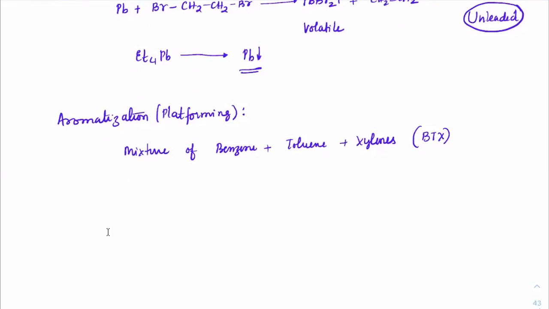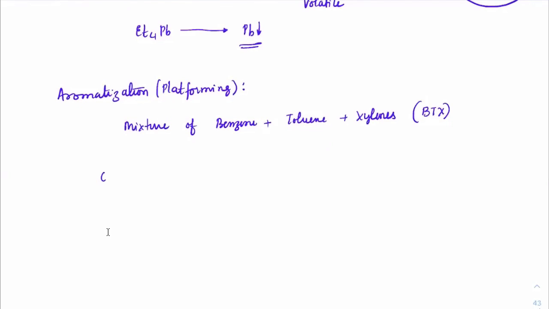Got it. So once you get this BTX, the octane value of the mixture is very high. In fact, the octane number of BTX is around 90. This will definitely improve the petrol. Clear, everybody?